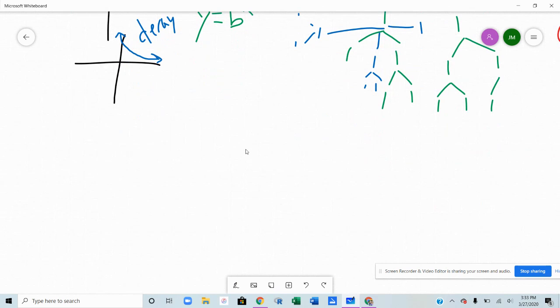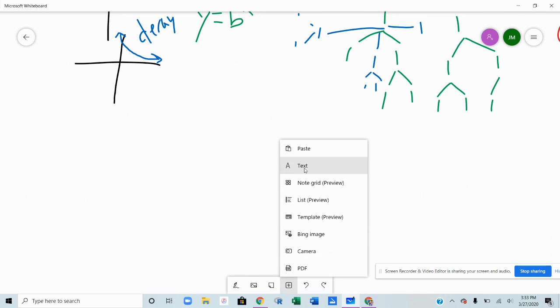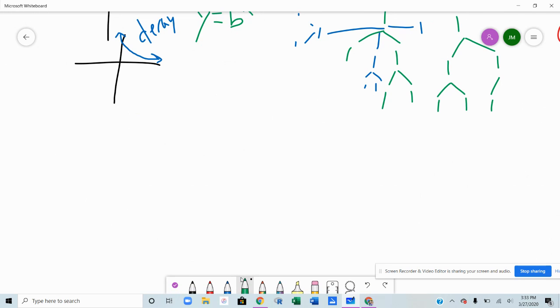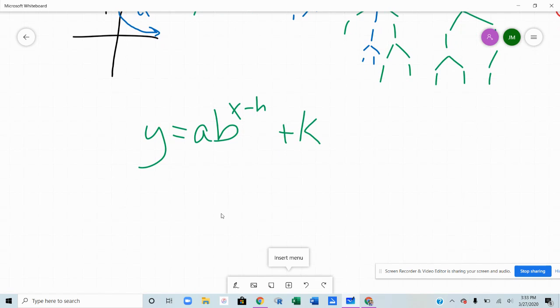Next thing that I want to talk about is your general form for graphing. And I don't think we ever officially gave this way of writing it. You won't have to worry about creating all of this. You're going to be able to use Desmos to help you.